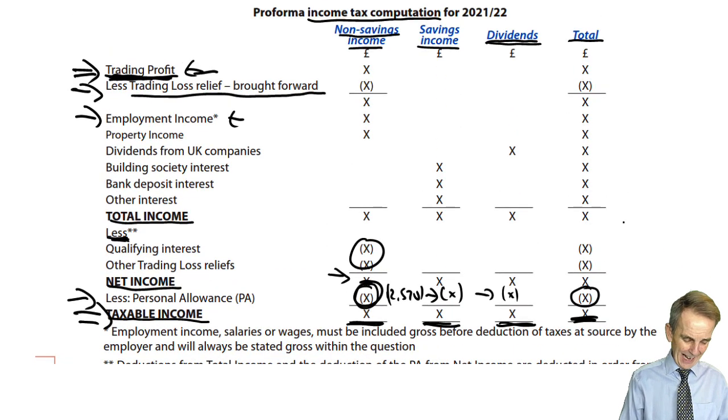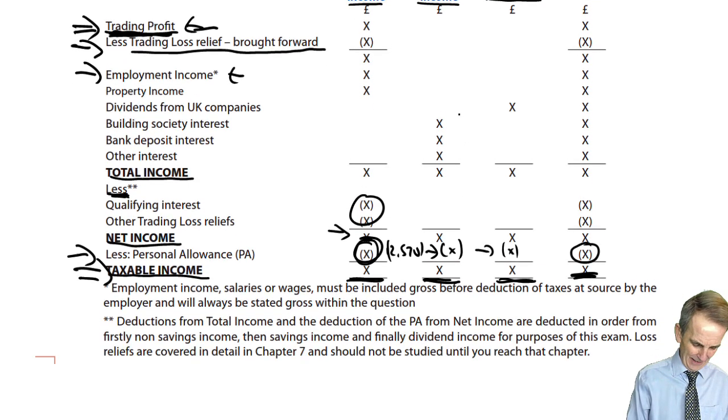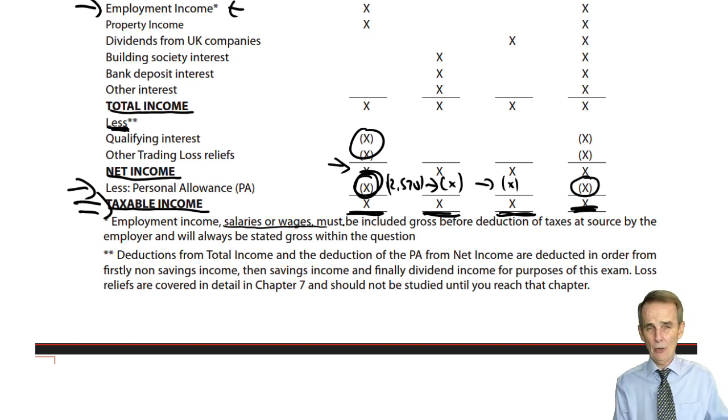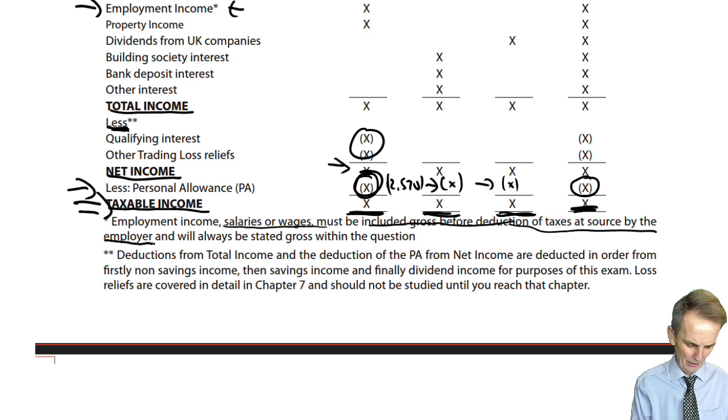There was a little asterisk here as regards employment income, and that employment income, our salaries or our wages, that's just are you paid monthly, are you paid weekly, salaries paid monthly, wages paid weekly, must be included gross before deduction of taxes at source by the employer.